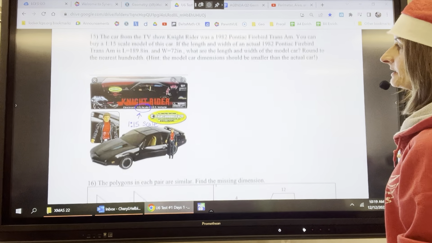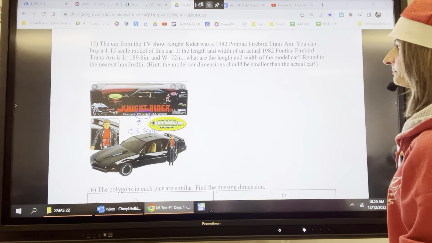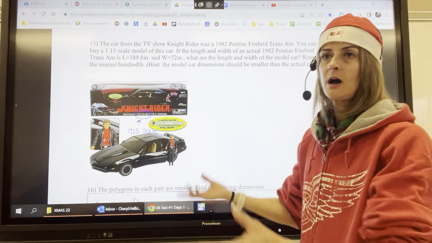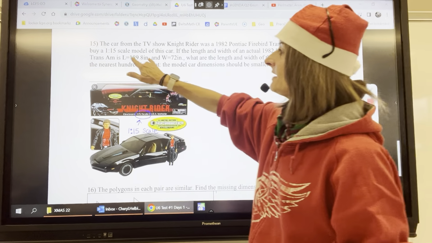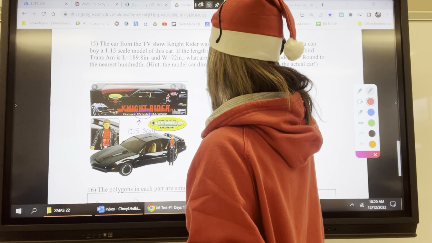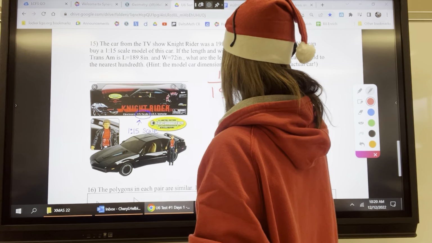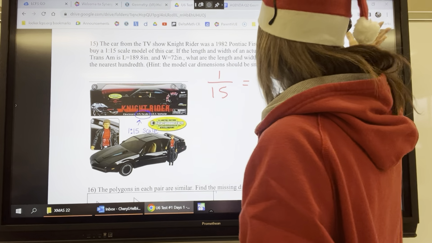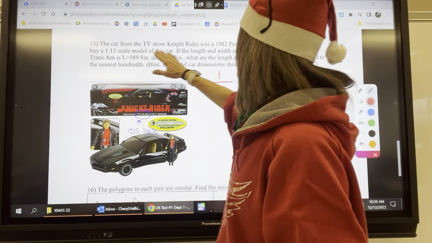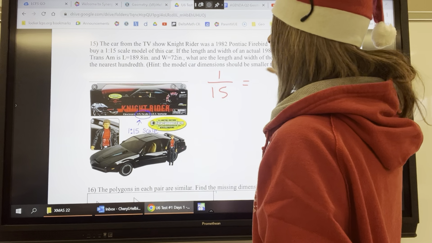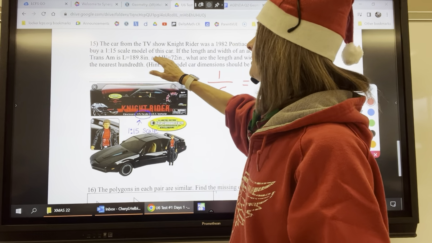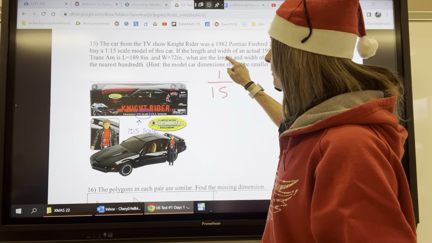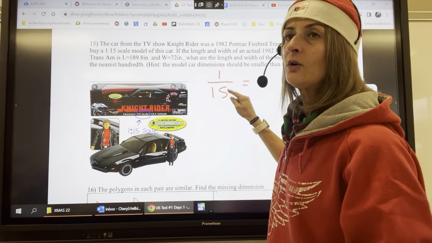All right, so I want to kind of talk about a scale model. Anytime you get a scale model problem, it looks really complicated. However, when they give you the scale, for every 1 there's 15. That's half of your proportion right there. It's so wordy, right? For every 1 in the model, there's 15 in the real car.